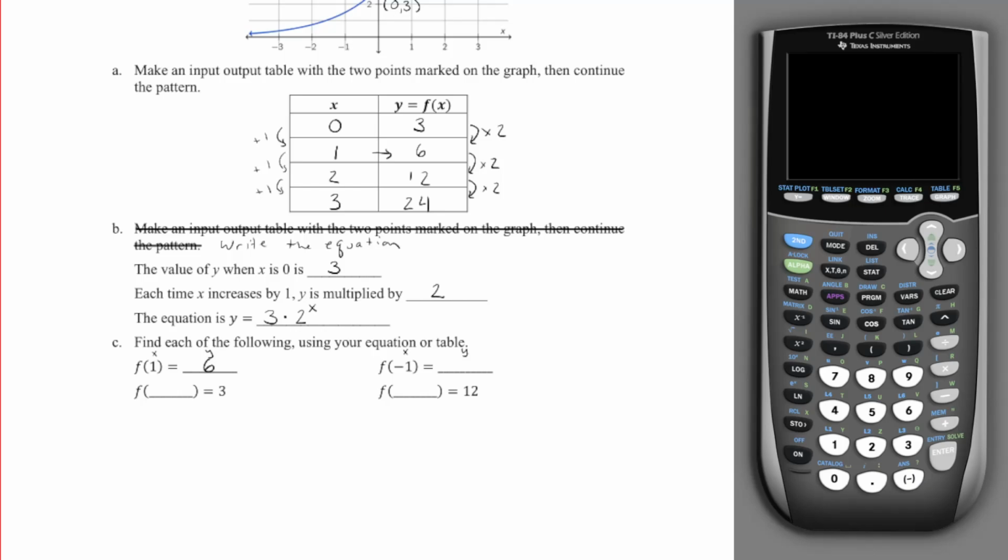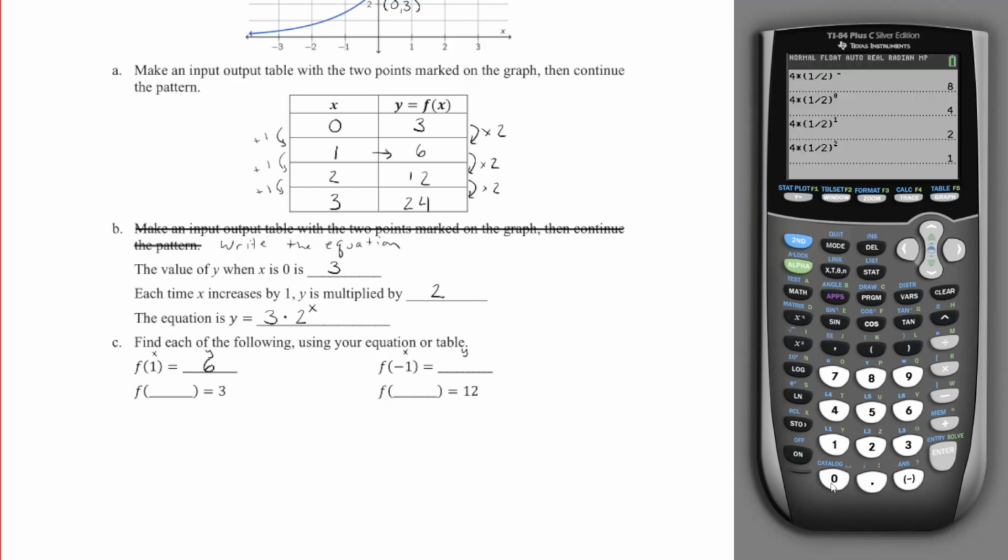We didn't happen to put negative 1 in the table, but we can use the equation. We'll say 3 times 2 to the negative 1.